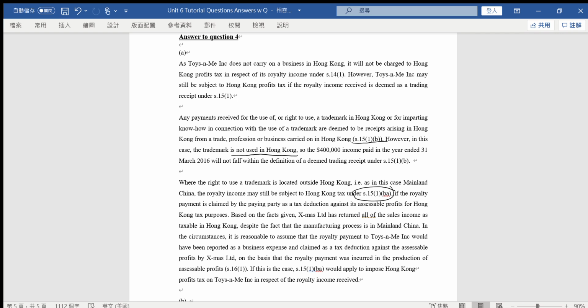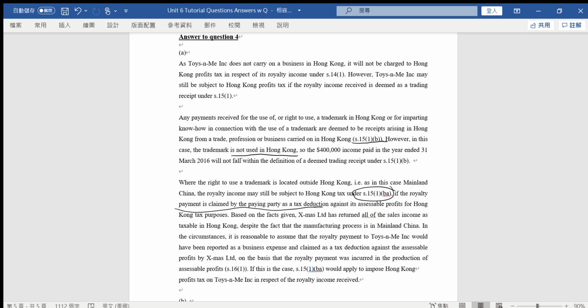But one more condition should be fulfilled: the company concerned should claim the deduction on this royalty payment. That is why Hong Kong Christmas Limited should claim this royalty payment to TME as an expense and account for the deduction in the income statement.